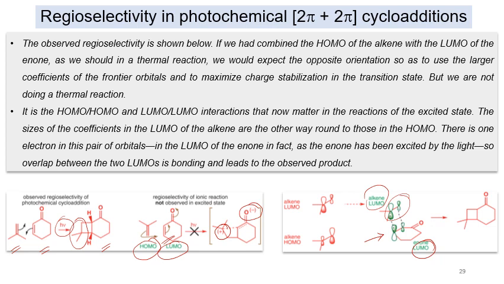As you can see, the LUMO has a higher coefficient at this particular position. This will now have a higher coefficient with respect to this particular LUMO for the alkene. So this has to be a suprafacial interaction. Therefore, you get this particular regioselectivity in this example.